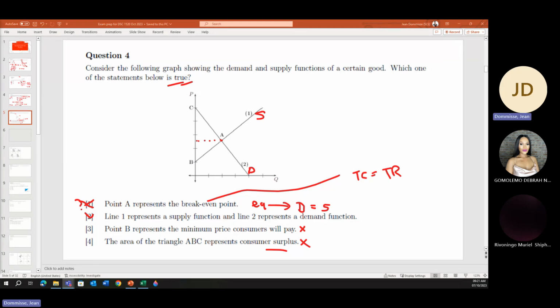In this one, they added a few things from your first few chapters into a definition question, because they ask you the break-even point, they ask you consumer surplus, which I think is in study unit 4, they ask you the demand and supply.